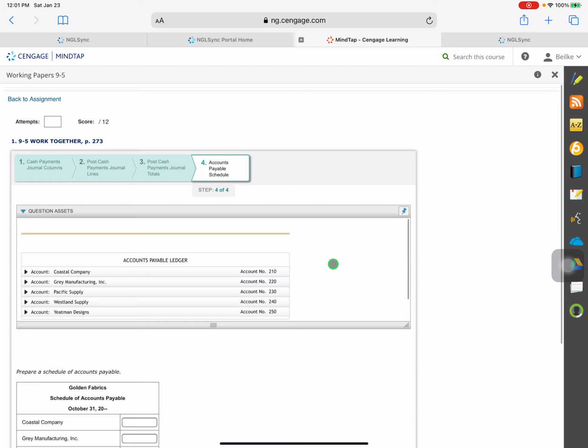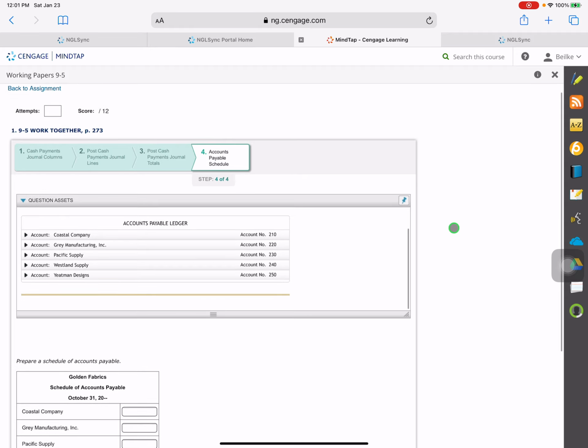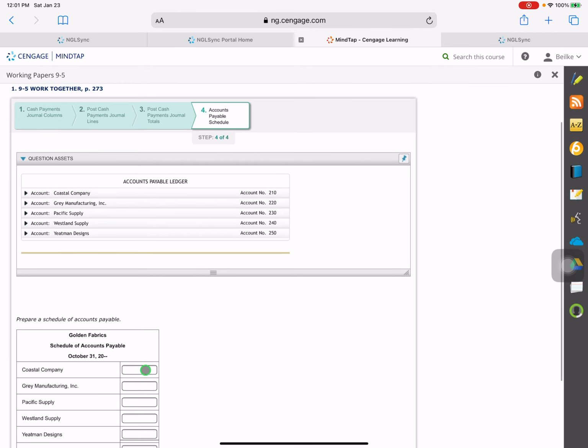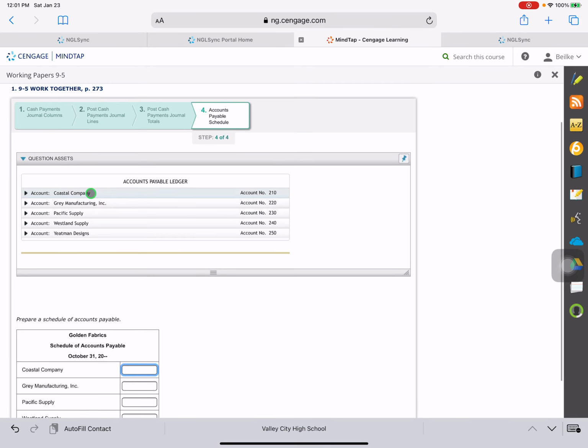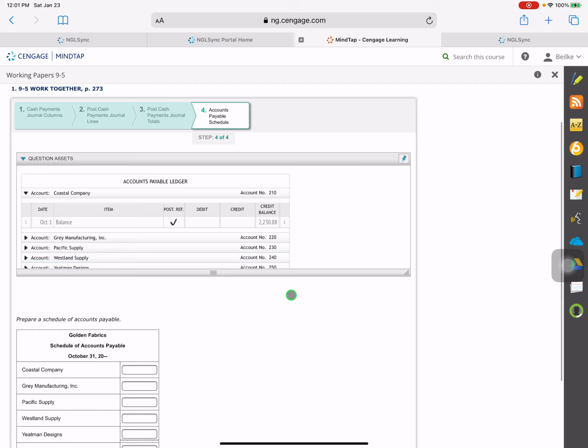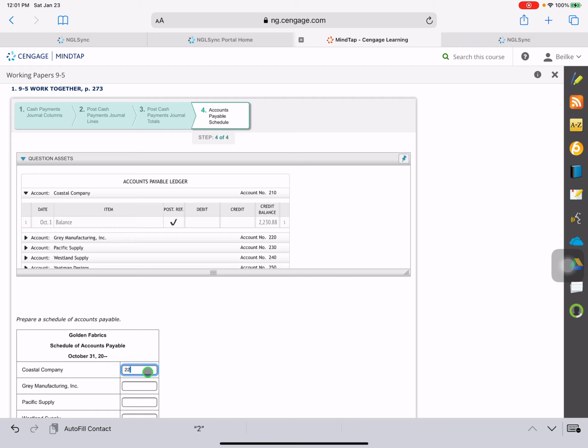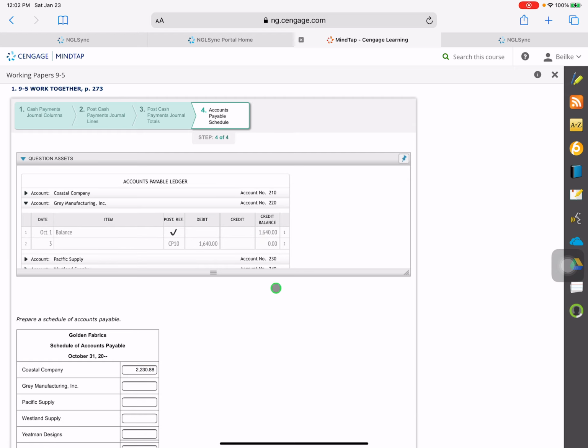Okay, so we're going to go in here and take a look. Coastal Company, do you owe them money? Yep, you owe them $2,230.88. Gray Manufacturing, do you owe them any money?